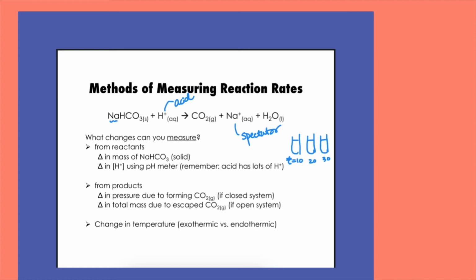On the product side, we clearly have an easy property to measure, which is gas. Now, gas bubbles, and if you have a system that is open, then it will allow carbon dioxide gas to escape into the atmosphere. So as you lose chemical, the entire system will become lighter. So the mass of the system, which is basically everything, is going to decrease.